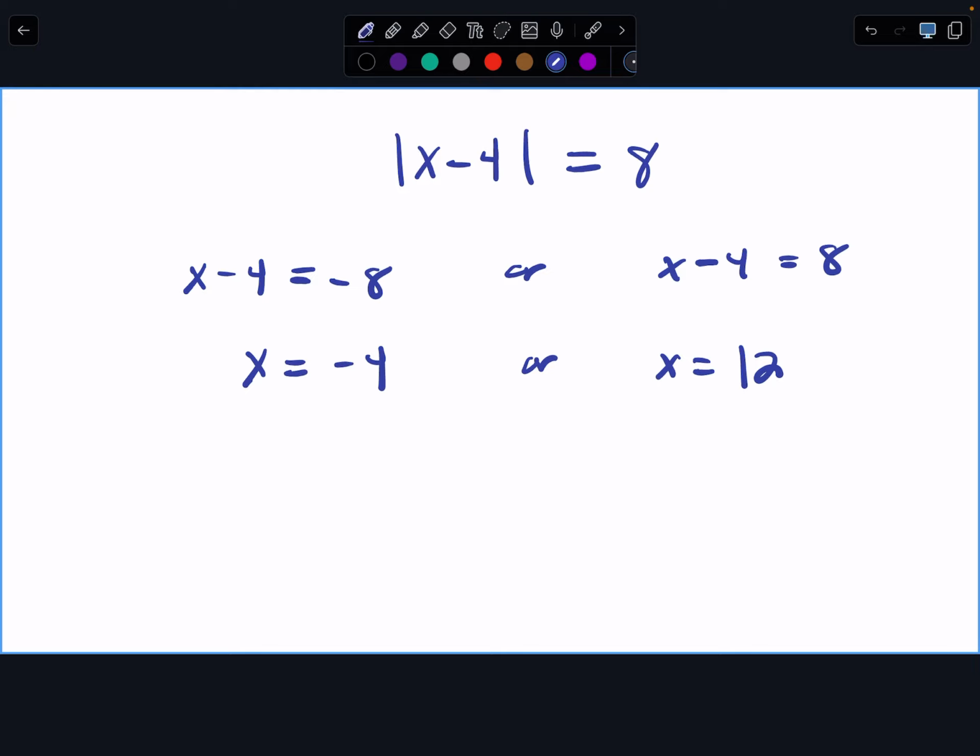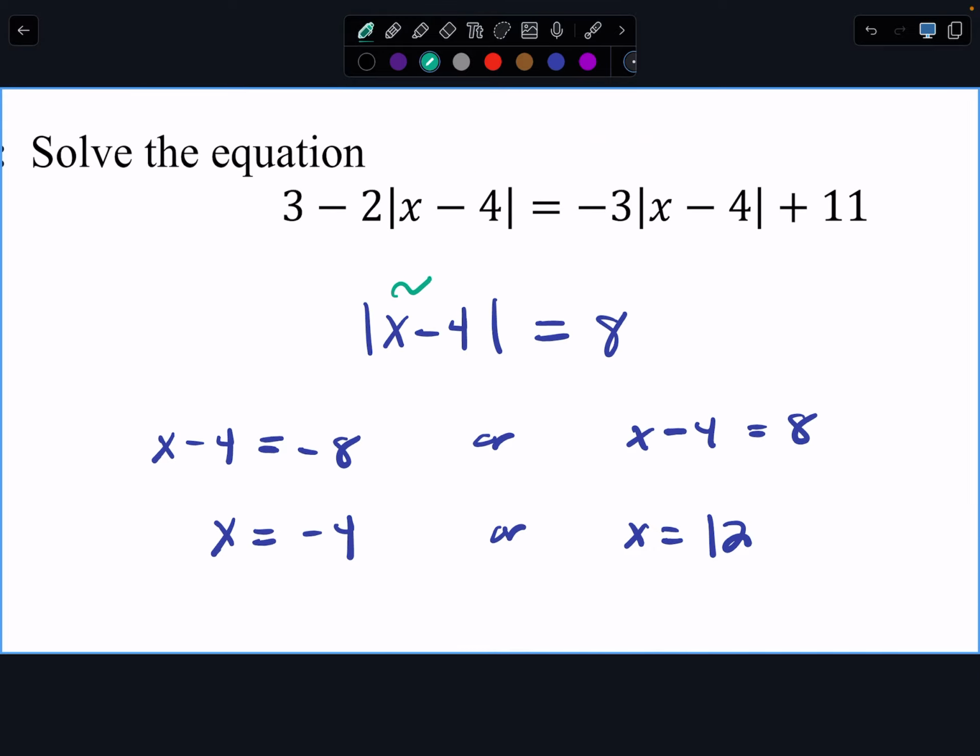Oh, okay. So let's think about this. To make this a true statement, x minus 4 just represents a quantity, right? Like if we thought of that as being a. To make this a true statement, ignore the x minus 4 for now. Couldn't a be equal to either negative 8 or positive 8?